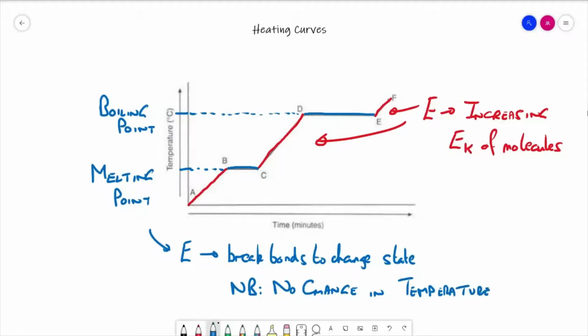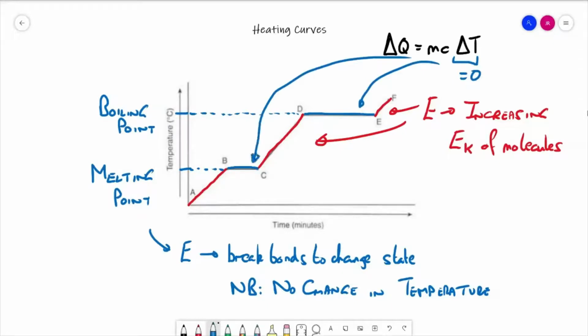Now, of course, that causes us, from an equation point of view at least, a little bit of a problem, because of course the specific heat capacity equation says delta Q is equal to MC delta T. Well, of course, at the boiling point and at the melting point, what we're saying is that delta T at those points, okay, so at that point and at that point, is equal to 0.